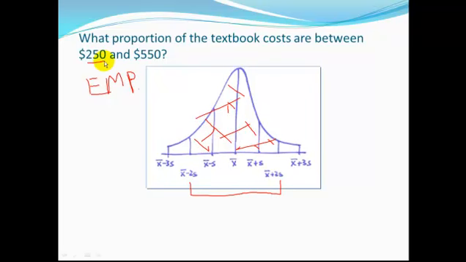And again, this is 2 standard deviations below, this is 2 standard deviations above. You're doing the same thing, you're just using a different rule. And in this case, when we go to 2 standard deviations above and below, the empirical rule tells us approximately 95% fall between 250 and 550.